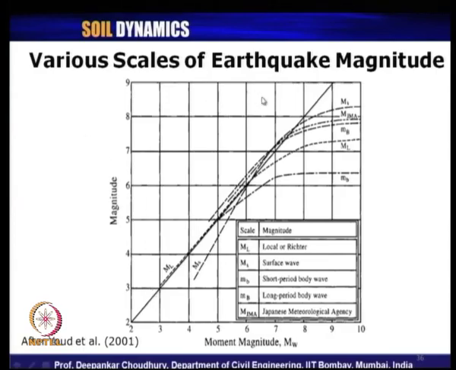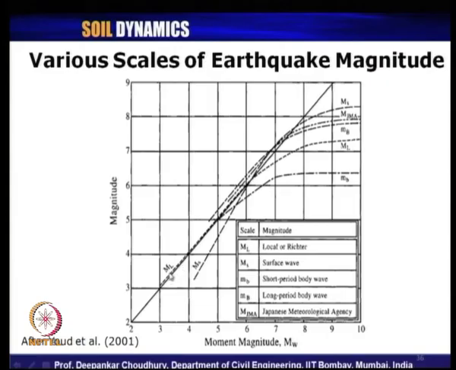Many of us are familiar with that scale of earthquake. The details of various scales I will not discuss in this course, but to give you an idea that if some other scale of earthquake magnitude is given to you, how to proceed further with your liquefaction analysis. That is why I am showing this one, that you need to convert that scale to MW.